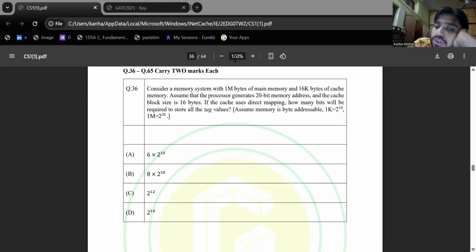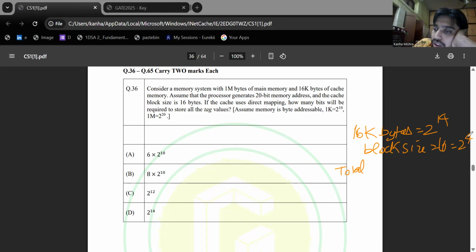So, total number of blocks in the cache. How many blocks are there in the cache? Let's understand that. The total cache size was 16 kilobytes, which was 2 to the power 14. And what is the block size? It is 16, that is 2 to the power 4. So total blocks, कितने blocks हैं?